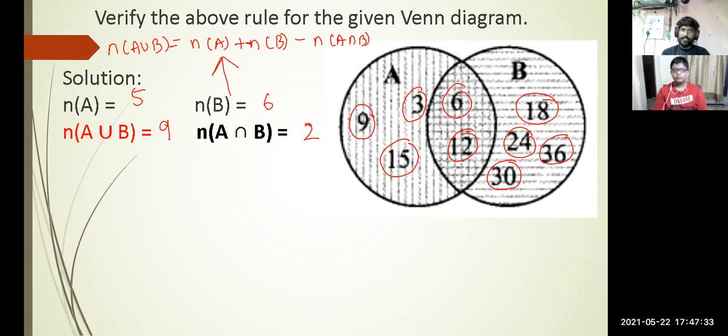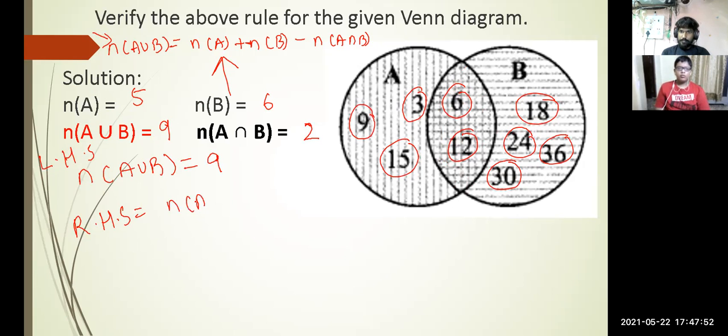Now we have to verify this. So substitute. We have LHS and RHS. In LHS, we have A ∪ B, so n(A ∪ B) is equal to 9. RHS: in the RHS, what do you have? n(A) + n(B) − n(A ∩ B).